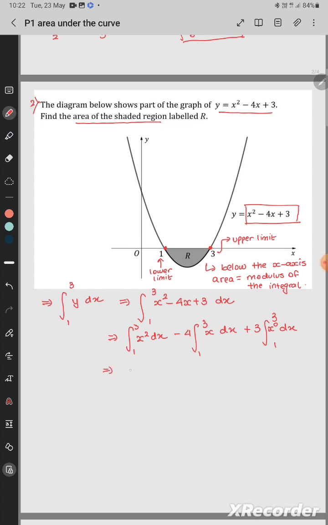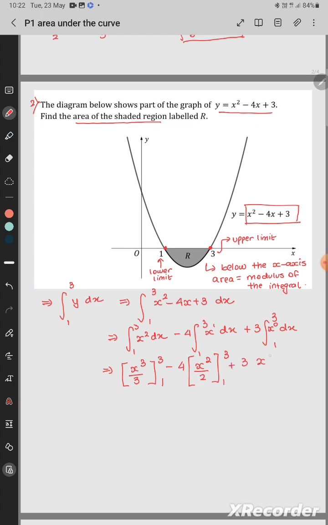So next, normal integration: x cubed by 3, that is 2 plus 1 by 2 plus 1. So limits are what? 3 and 1. Minus 4, x to the power 2 by 2. Why? Because this is x to the power 1, so 1 plus 1 by 1 plus 1. So this is our answer, limits 3 and 1.